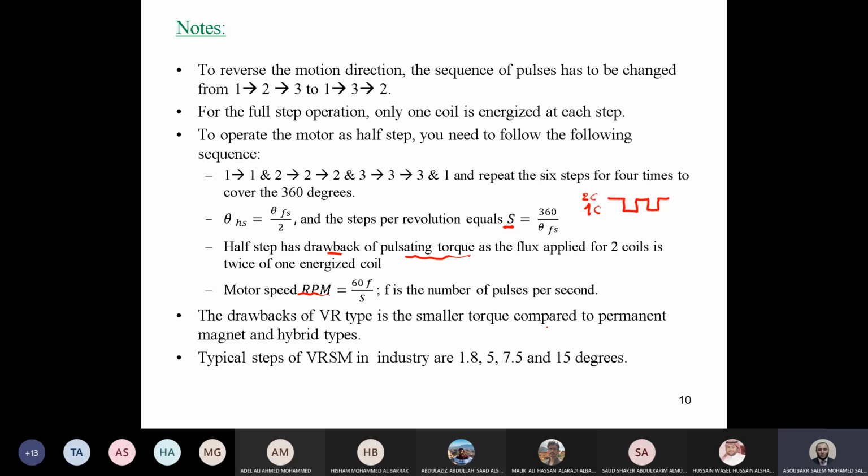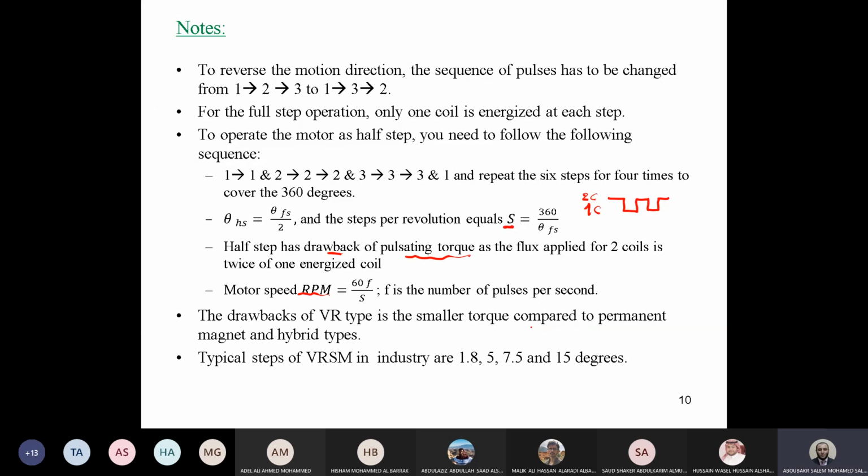Of course, this is expected, because in variable reluctance you have energized poles in the stator and just a piece of iron in the rotor. You don't have any flux or magnets in the rotor to establish a strong flux.